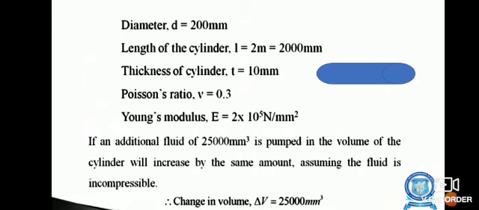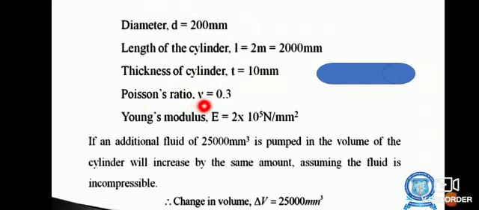So listen, given data: first of all, diameter D is equal to 200 mm. Length of the cylinder L is equal to 2 meter. The meter will be converted into millimeter, so 2 into 1000, 2000 millimeter. Then thickness of cylinder t is equal to 10 mm.